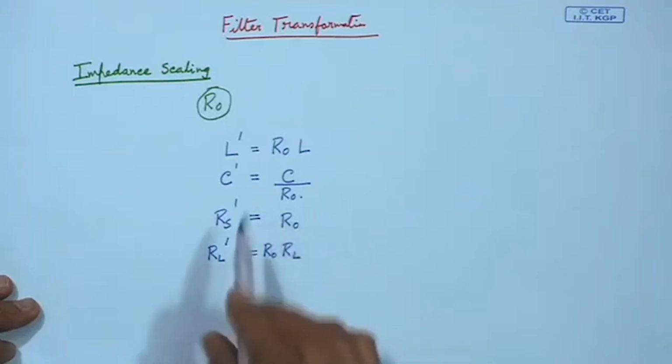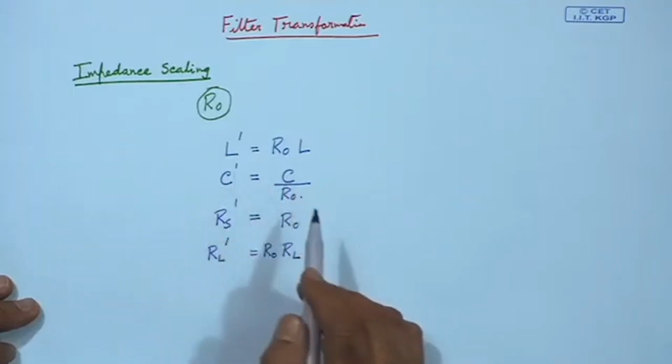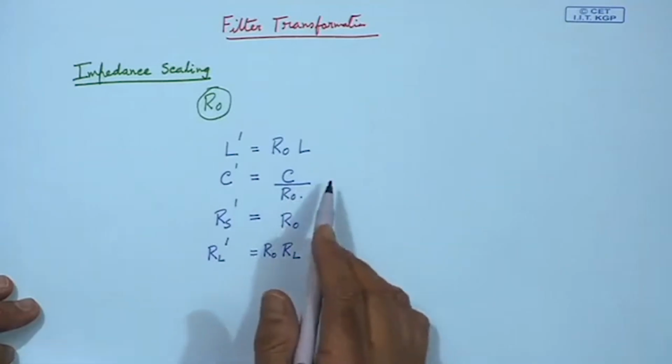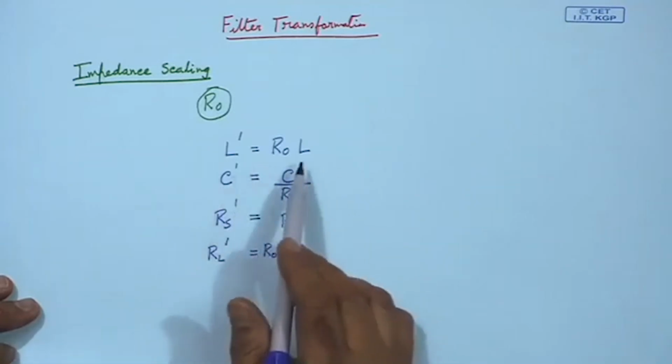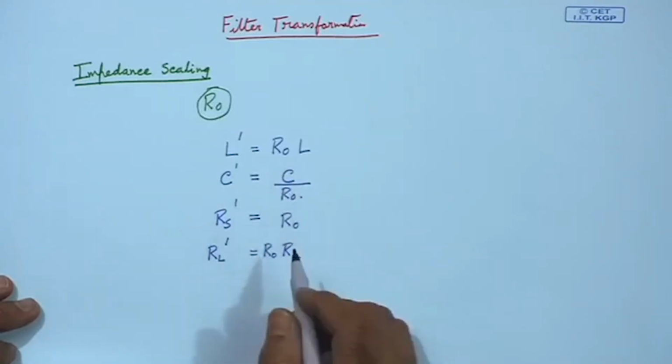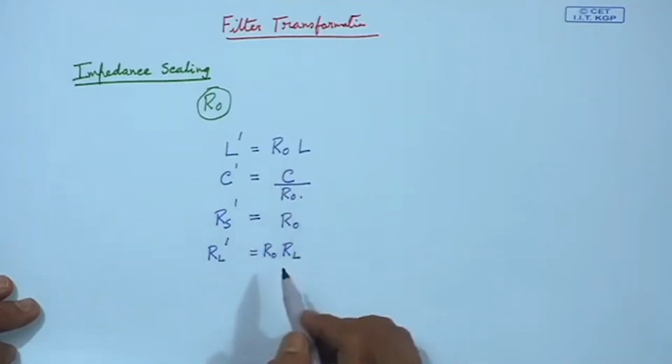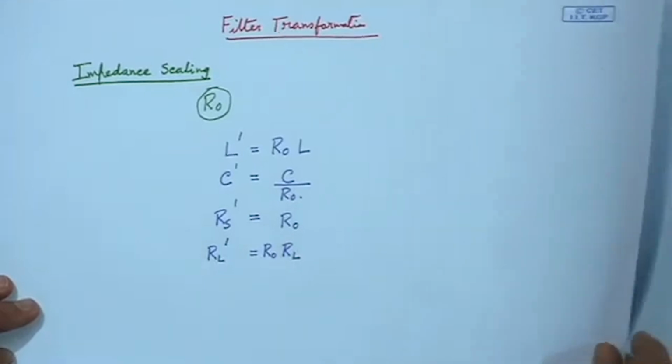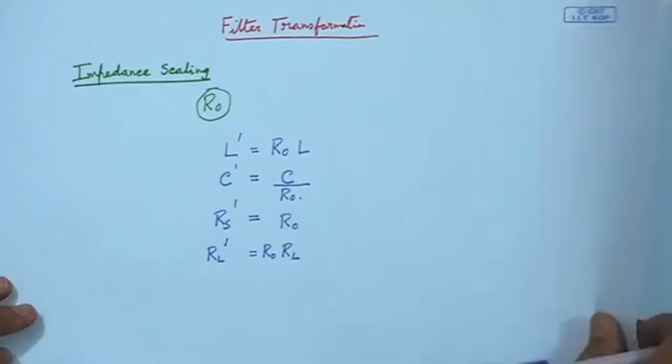So, whenever we scale impedance from 1 ohm to R naught, or 1 ohm to Rs, we need to do this. This is impedance scaling.